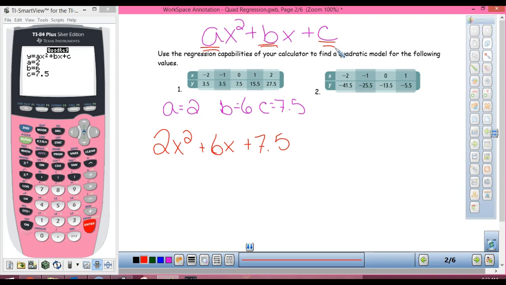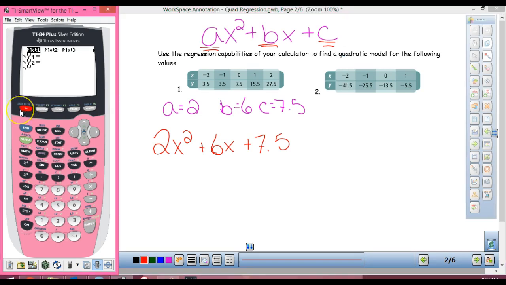So if you want to see if this actually fits your data, you're going to go to y equals, and then we're going to plug this in. So I'm going to go 2x squared plus 6x plus 7.5, and I'm going to hit graph. Does it fit my data? Quite well.